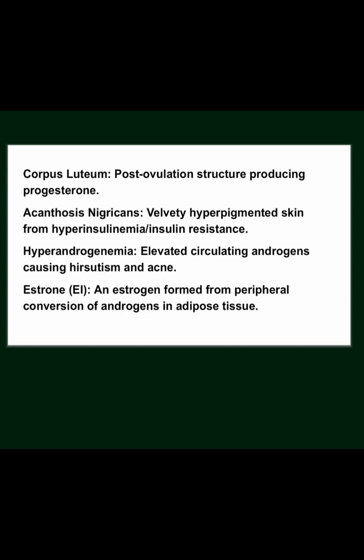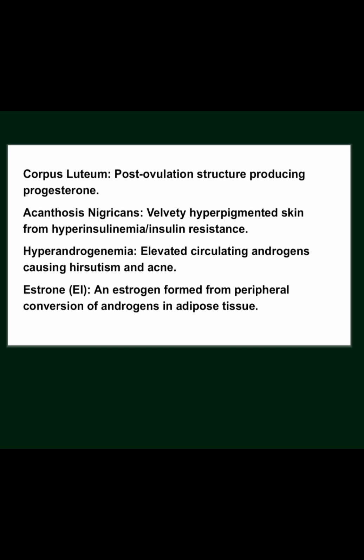The other presentations of people with PCOS: they have acanthosis nigricans, just a velvet hyperpigmented skin, okay, from hyperinsulinemia, mostly found in the neck and in the armpit region. Okay, we have hyperandrogenemia, which is just elevated androgens causing hirsutism and acne, so a lot of facial hair. We've got estrogen, just a weak form of estrogen, which is from the peripheral adipose tissue, okay, conversion of androgens in the adipose tissue.